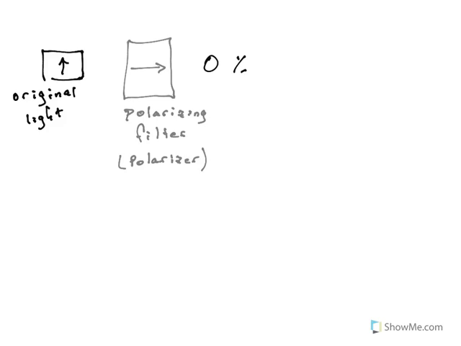And so if I happen to send this specific up and down polarized light through a polarizing filter which is set to only allow left and right polarized light, we would say the polarizer is polarized left and right. Okay, just a quicker way of saying it. So if we try to send this original light, which is polarized up, through a filter that's polarized to the right, none of the light can get through.